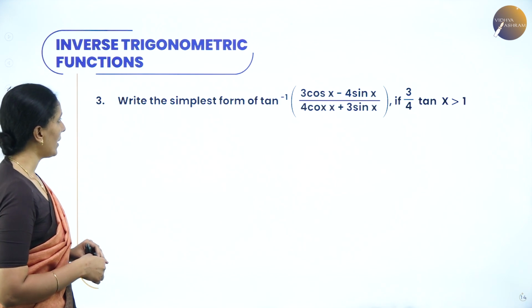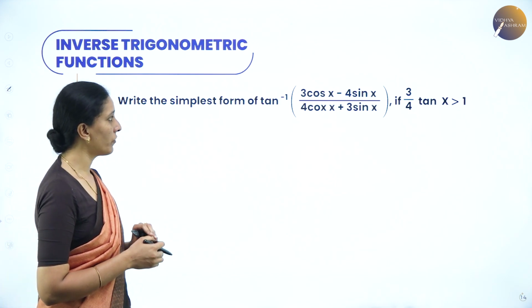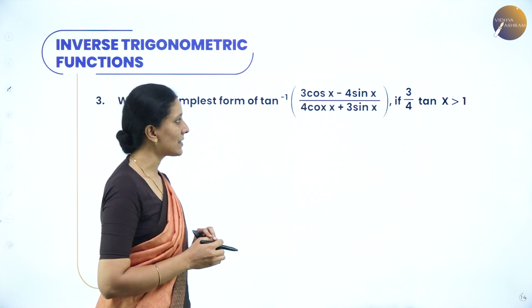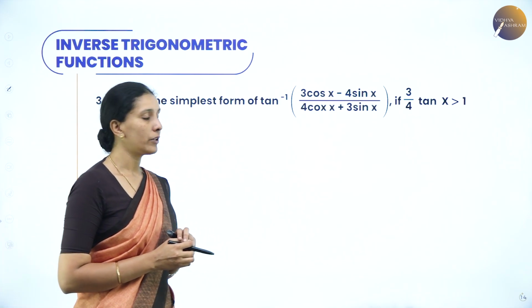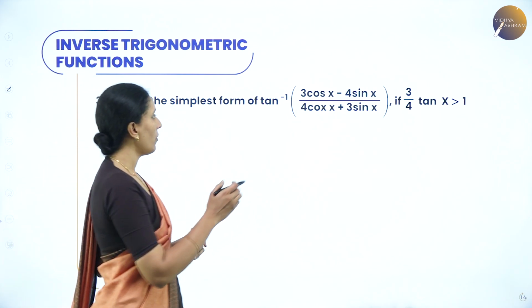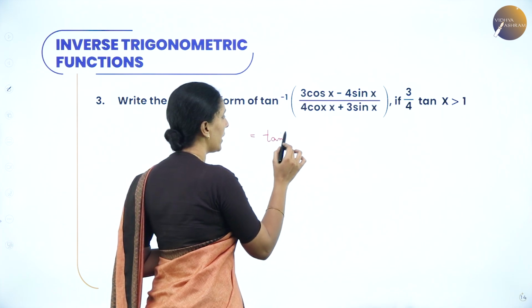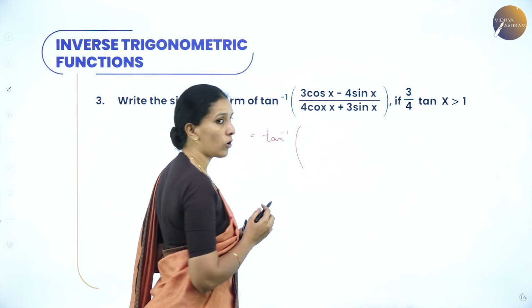Next. Write the simplest form of tan inverse of (3 cos x minus 4 sin x) divided by (4 cos x plus 3 sin x) if 3 by 4 tan x is greater than 1. So, now here let's divide both numerator and denominator by 4 cos x.